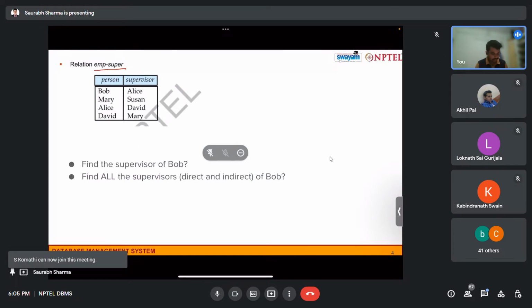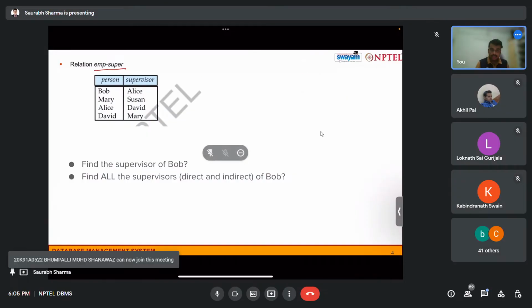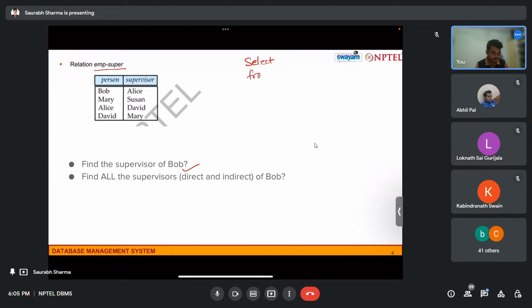For the first question, find the supervisor of Bob. So in basic query structure, what we write, first we write select, then we write from, then we write the predicate or where statement.